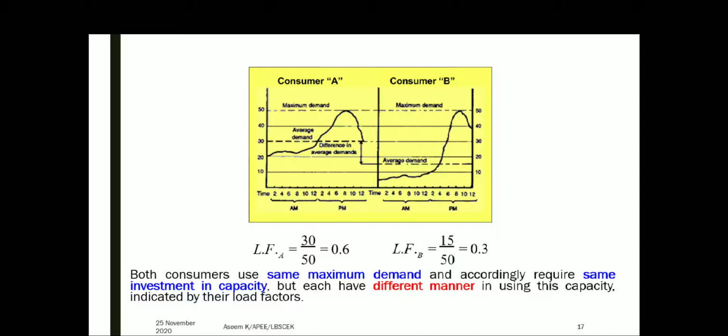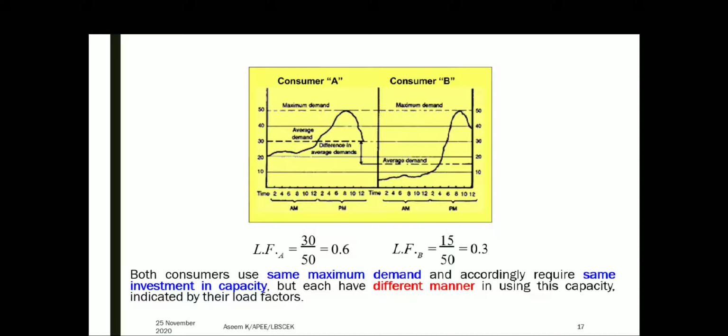But the average demand of consumer A is 30, you can see from the figure. But the average demand of consumer B is only 15.